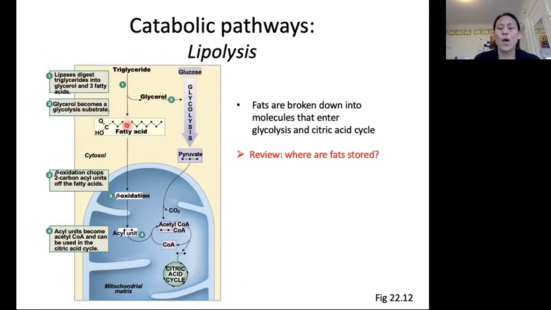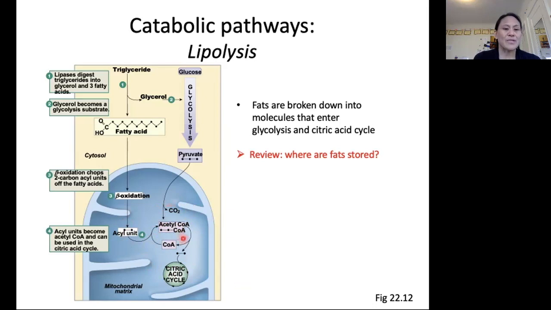Fatty acids are going to be broken down into these 2 carbon units called acyl units through a process called beta oxidation. Then those acyl units will be converted to acetyl coenzyme A, which you may or may not remember from your previous education, enters the citric acid cycle.